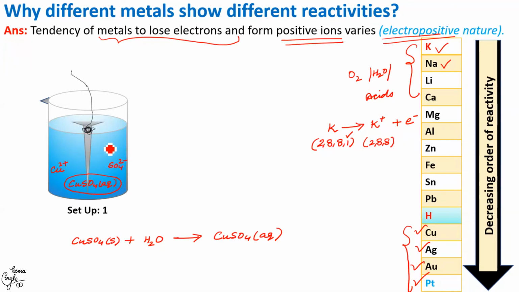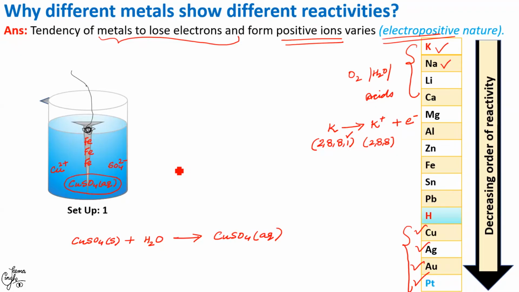Now, when an iron nail is dipped into this solution, what is this iron nail made up of? Iron atoms. So, you have plenty of iron atoms making up your iron nail. In this setup, we have two metals, one iron and the other copper.